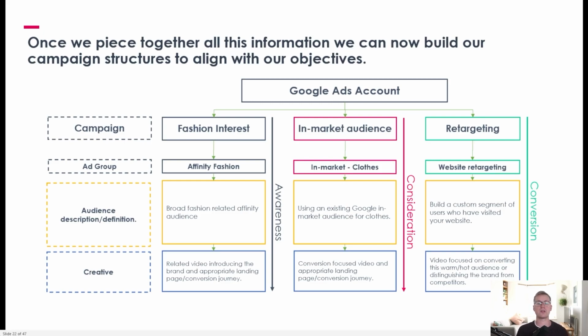But what we want to focus on here is how I've structured this. For me, I like to have one campaign, one ad group, one audience, several creative messages. That's how I structure it, and there's a reason I structure it that way. Because if I put multiple audiences under one ad group, or even if I have multiple ad groups, each with one audience, spend skews to whichever one has the most scale.